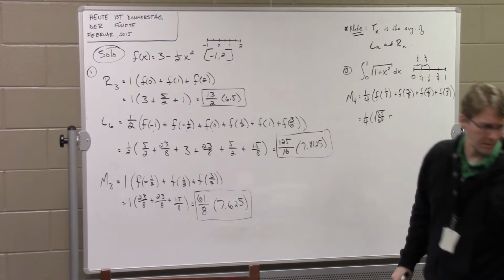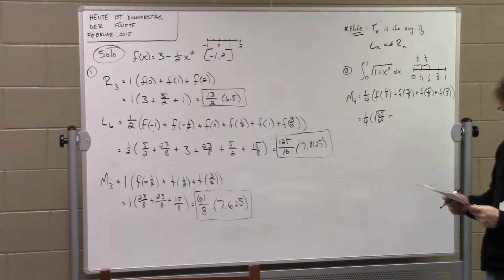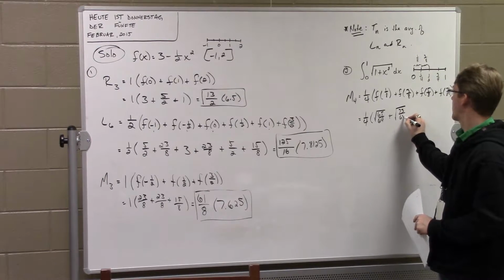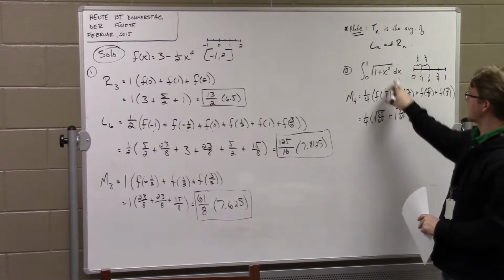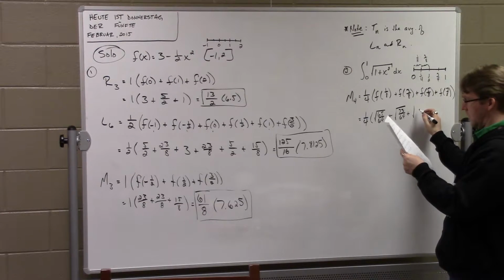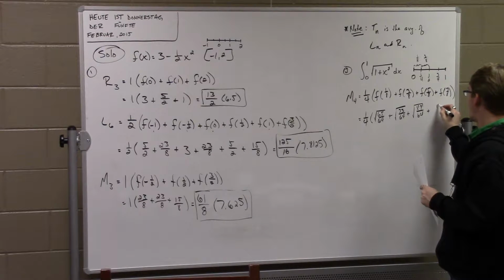This one, I think, and I'm going to cheat again, is 73 over 64. All I'm doing is plugging these numbers in here and just writing it as a fraction. This one is 89 over 64, and this one is 113 over 64.